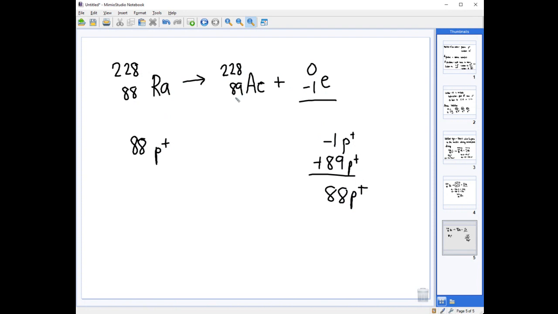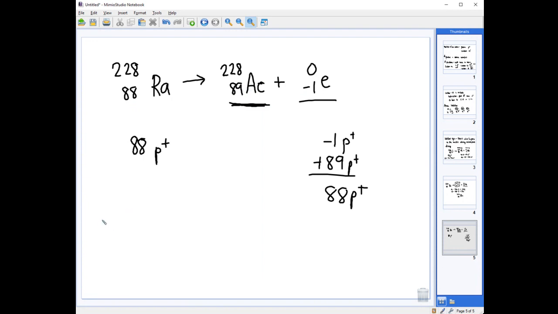That's why my daughter, what we call a daughter nuclide here, has 89, because 89 minus 1 is equal to 88. So anytime you have a beta particle, then your proton number, your Z, is going to have to increase. Okay, so your Z has to increase.